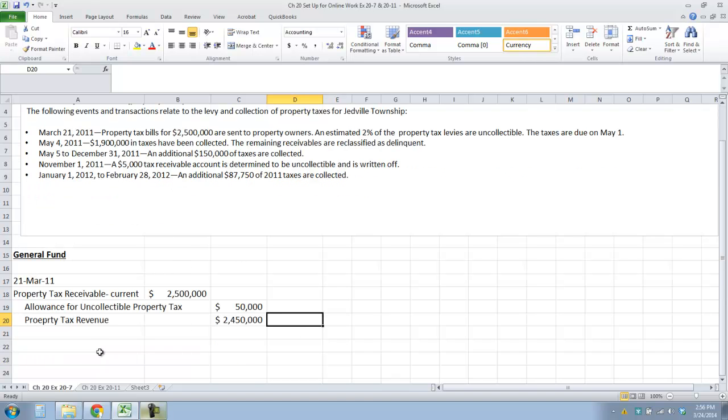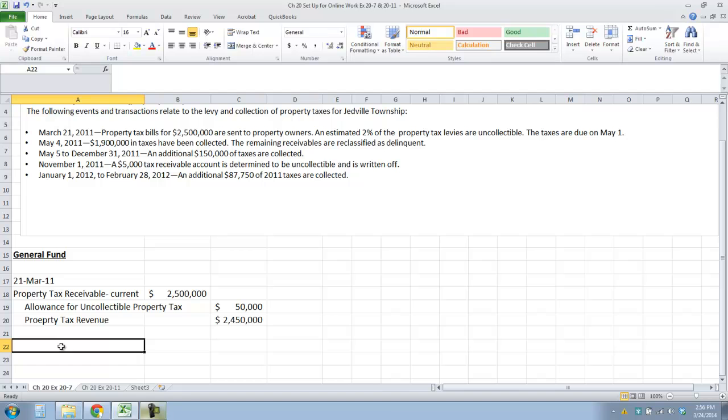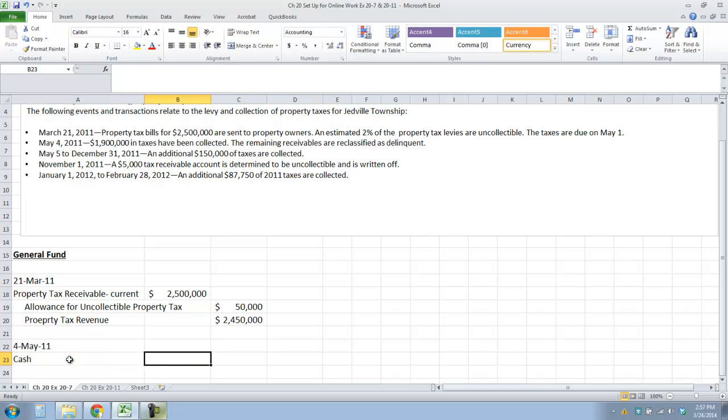Now, on May 4th, 2011, $1,900,000 have been collected. The remaining receivables need to be classified as delinquent. Okay, so May 4th, 2011. So we've received cash of $1,900,000.